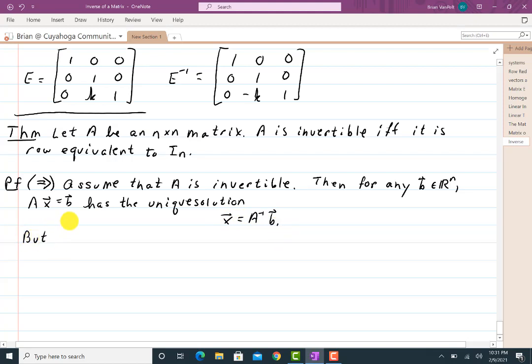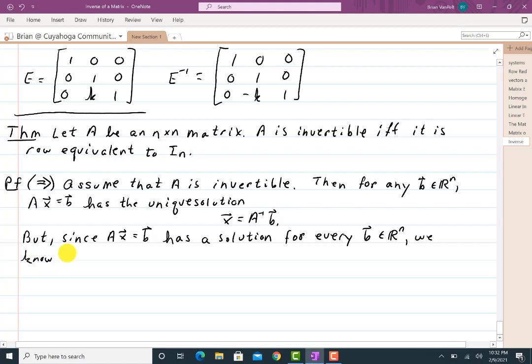But since AX equals B has a solution for every B in Rn, we know that A has a pivot in every row.